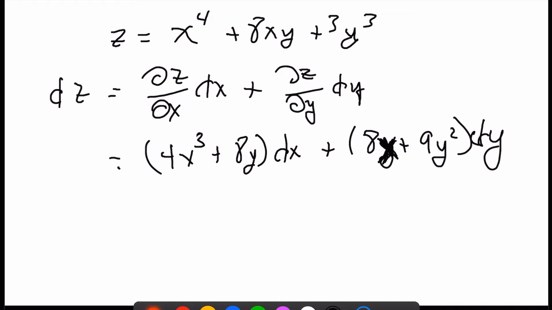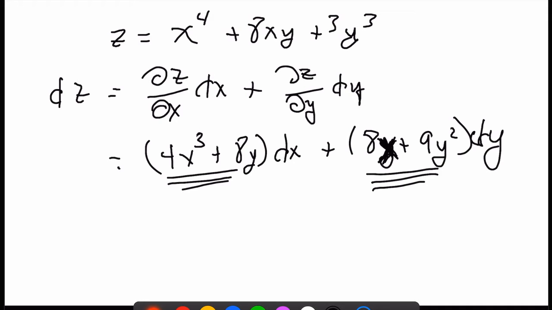Okay, so now this again is what happens to z when there's a change in x. And this part is what happens to z when there's a change in y. And notice that both x and y have an effect on z, regardless of whether it's just x changing or just y changing. Do we see that?